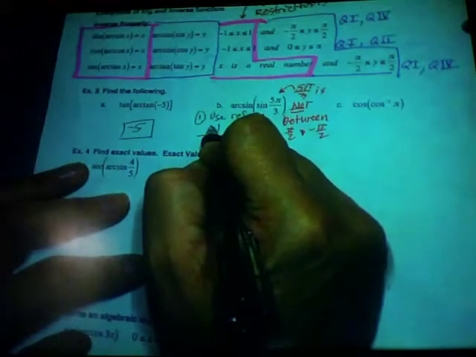Okay, so this would be 1 pi over 3, 2 pi over 3, 3 pi over 3, 4 pi over 3. Wouldn't 5 pi over 3 be in the fourth quadrant? So the terminal side of this radian measure is in quadrant 4. Our arc sine has to be in quadrant 1 or 4, right? So the fact that it's in quadrant 4 works. We have to find this angle measure right there.